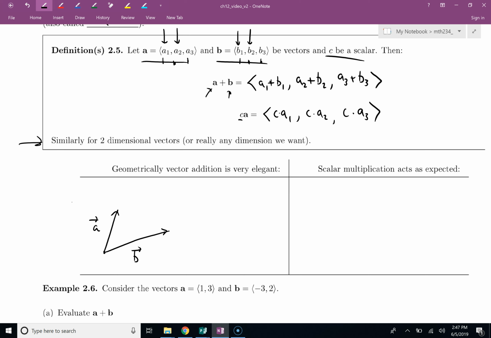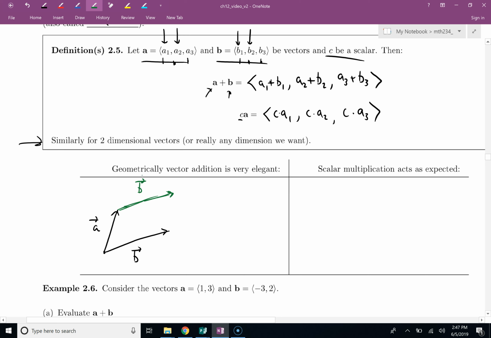Okay, so here is our vector A and our vector B, and the claim is that if you wanted to know what A plus B looks like, if I was to go ahead and do this vector addition, essentially what it looks like is if you were to travel along one of these vectors, so let's first travel along A, and then we were to travel along B. So I'm going to get myself an extra copy of B. Again, you can kind of think about me picking this up and moving it, but I actually just want another copy here.